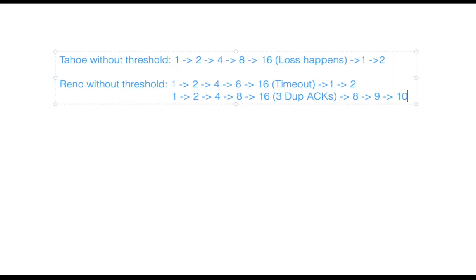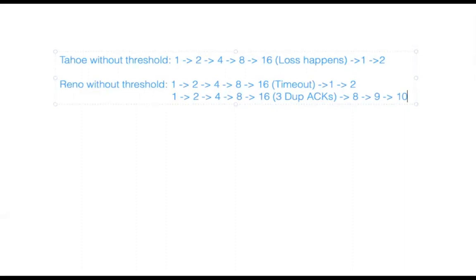It's not doubling the size, okay? It will increase linearly. So Reno is based on what kind of loss? Loss based on the timeout or loss based on 3 duplicate ACKs? Reno has different strategies. Timeout loss probably means congestion, or you lost packets at the buffer at the router. So you will retreat a lot with slow start.